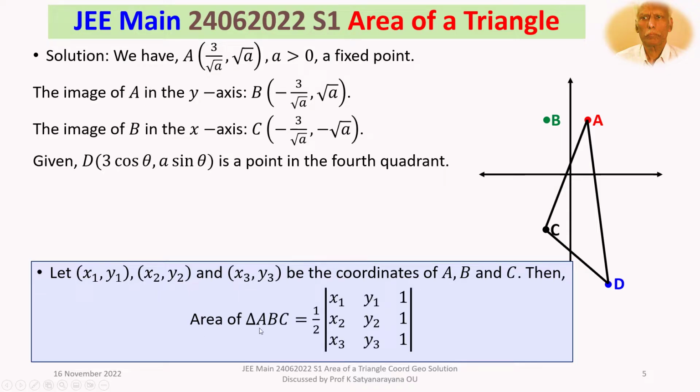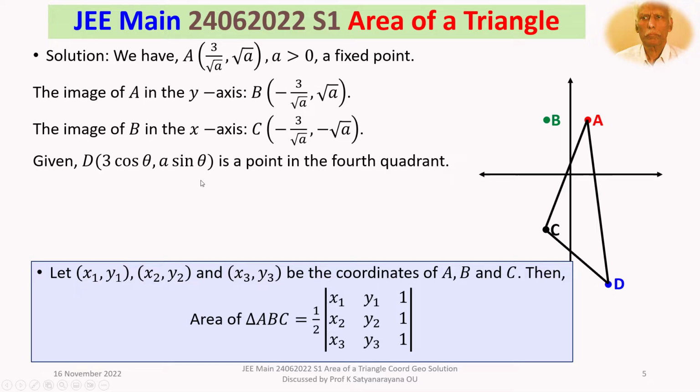The area of a triangle is 1 by 2 times the determinant with first row x1, y1, 1, second row x2, y2, 1, third row x3, y3, 1, where (x1, y1), (x2, y2), (x3, y3) are the coordinates of the vertices of that triangle.